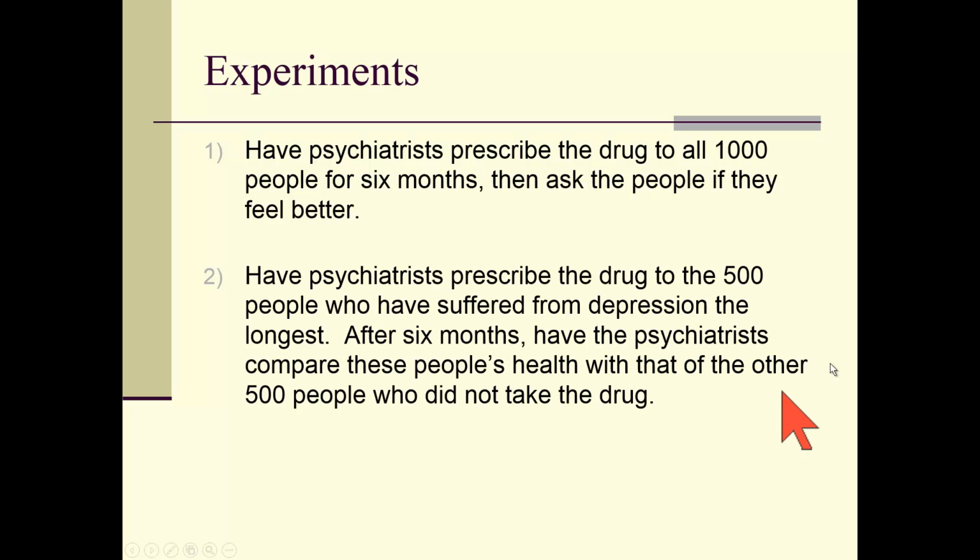So every study needs a basis for comparison. And so let's try this. Have the psychiatrist prescribe the drug to the 500 people who have suffered from depression the longest. And then, after 6 months, we'll compare with the 500 people who did not take the drug. Okay, this is a little better. We have a basis for comparison, but now you're going to rightly point out that these two groups are not alike.